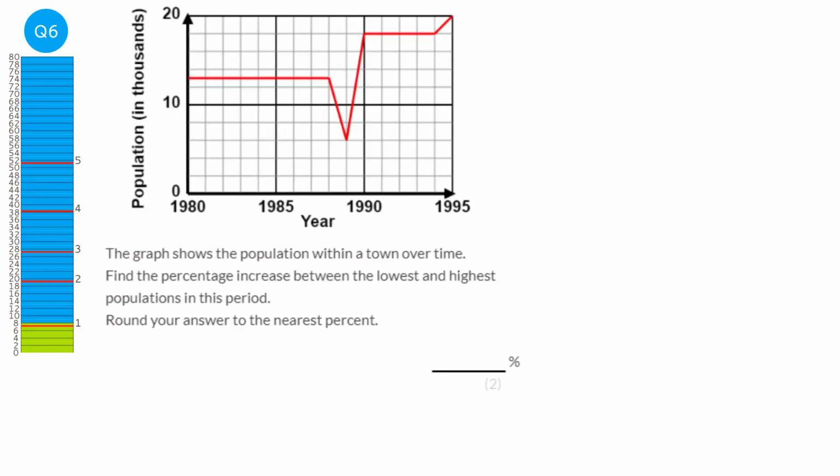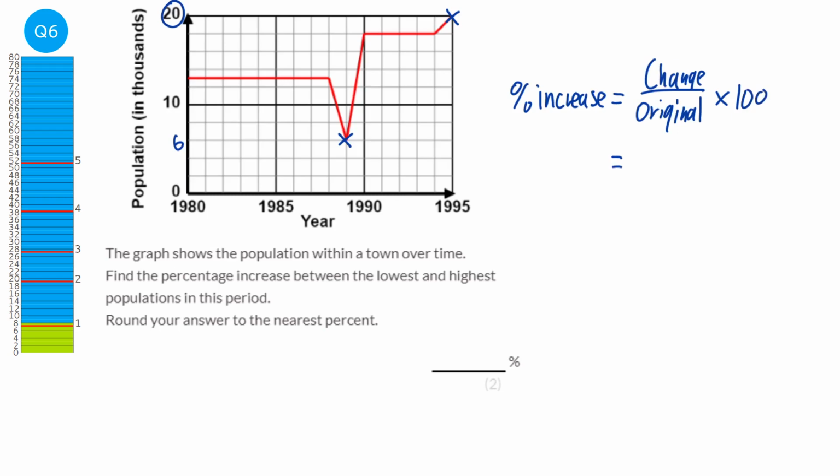The lowest point on this graph is here, and that's at point 6, and the highest point is here at point 20. And we're looking for percentage change or percentage increase, and the formula is change over original times 100. So the change between the 6 and the 20 is 14.